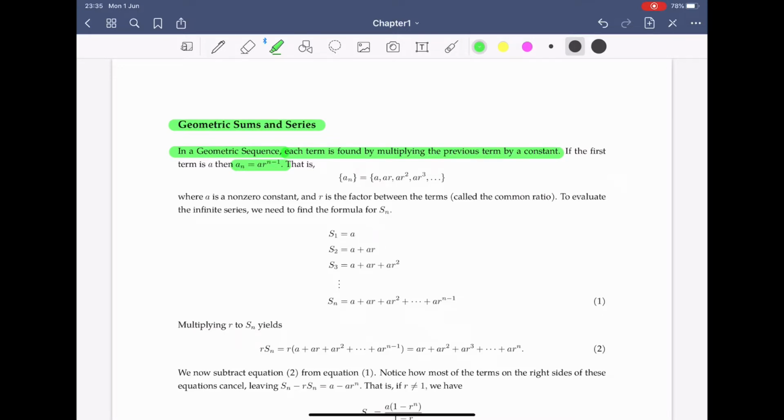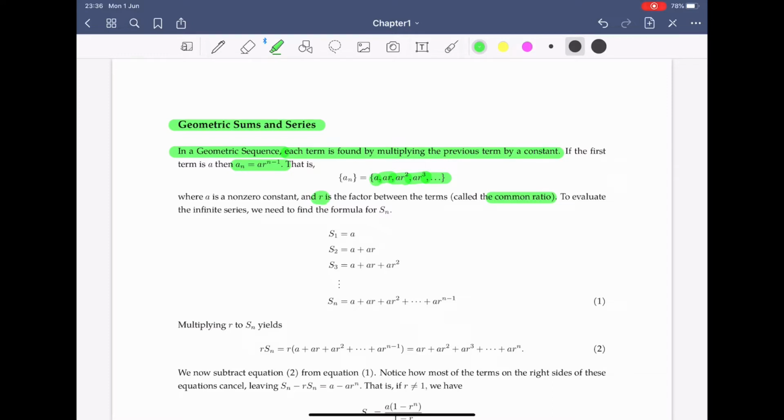If you expand it, it's going to be a, and then ar, and then ar squared, and then ar cubed, and so on. The factor that you multiply each term by is called the common ratio, and we use r to denote the common ratio.